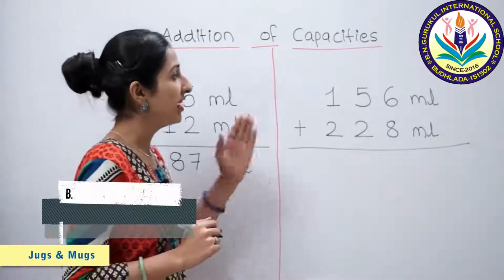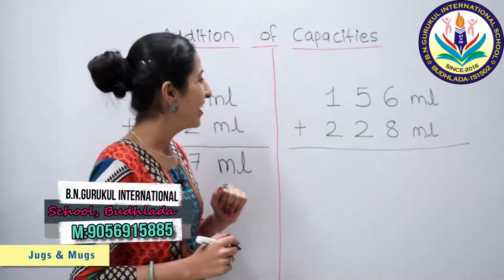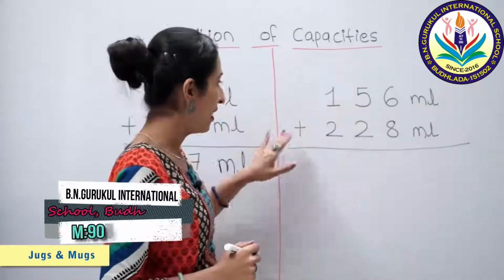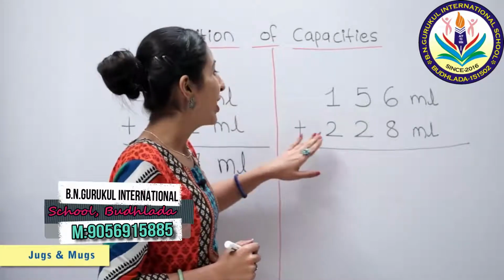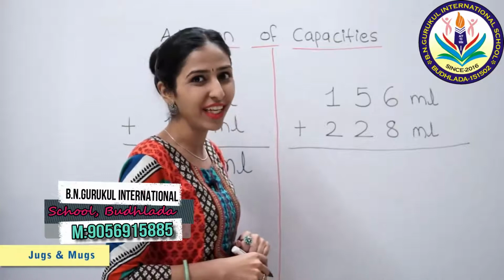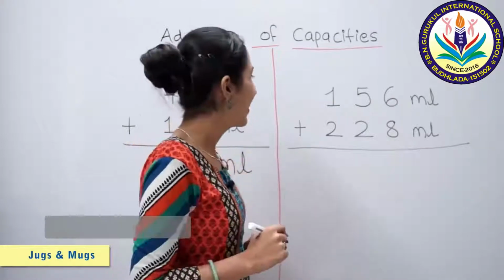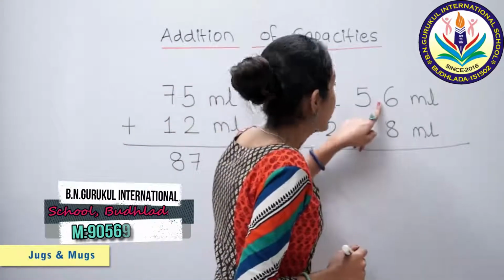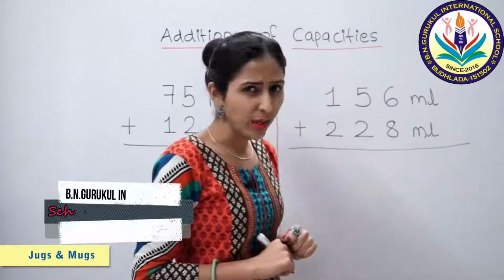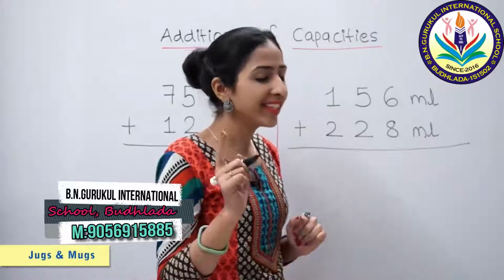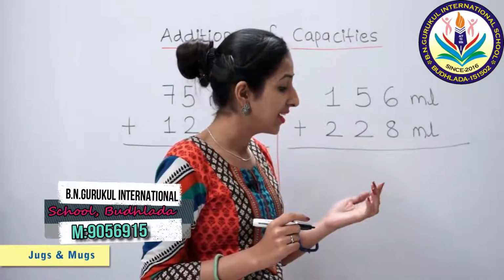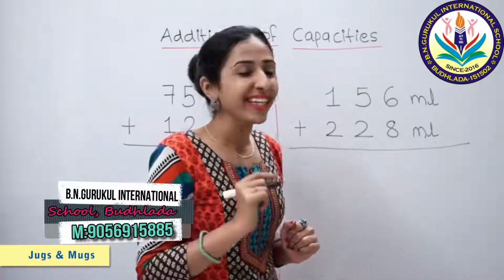Now let's solve this example. 156 ml plus 228 ml is equal to how much? Let's count. 6 plus 8 is equal to 14.